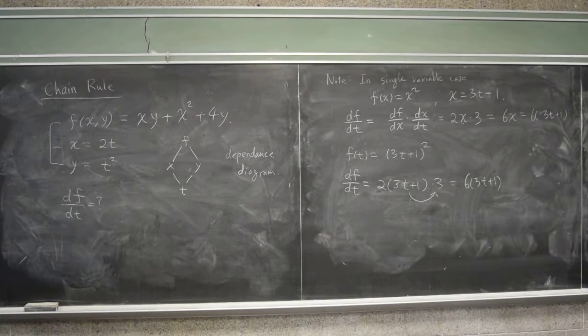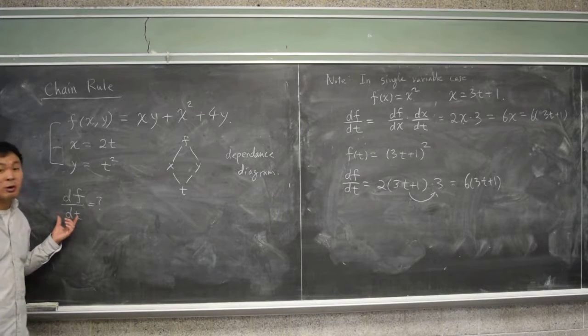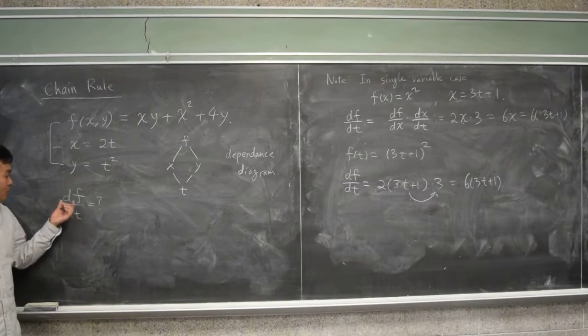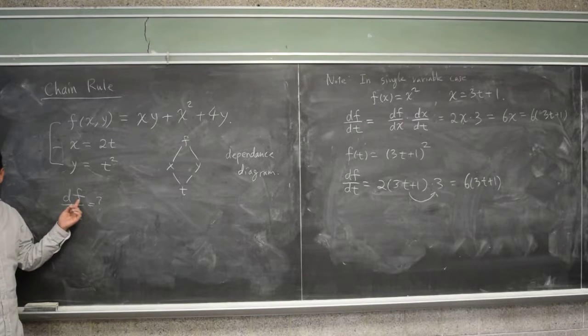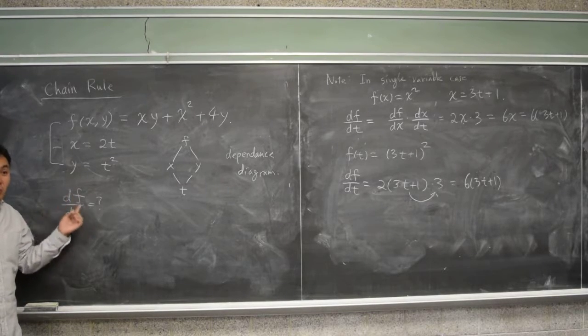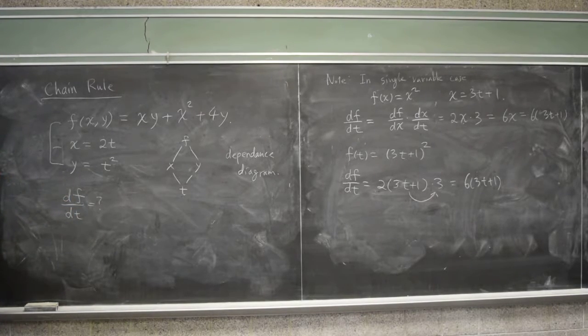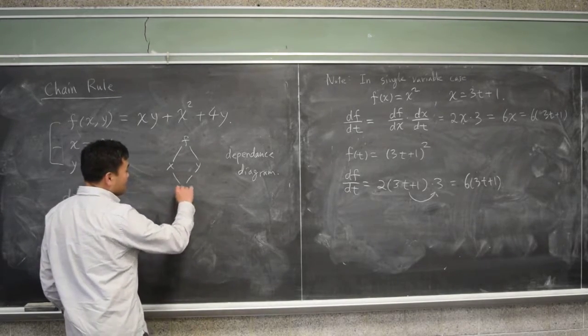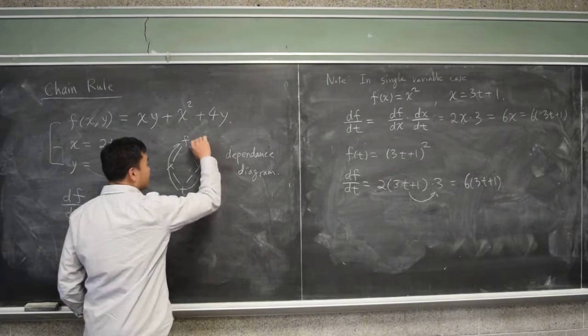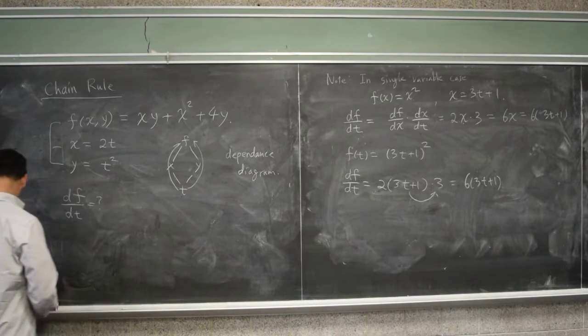And in econ, such a question is a valuable question to ask and answer. I mean, how fast would the price of the cake increase if you raise the price of oil? These types of questions can be asked all the time. And the way that the change of t will affect f is in two different paths, right?